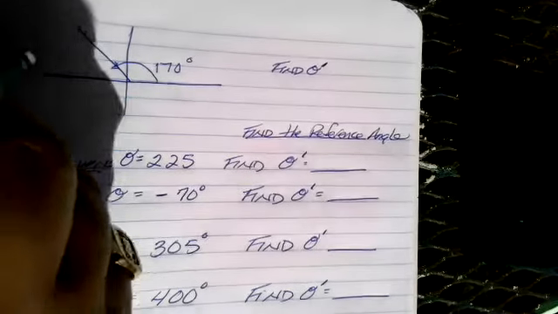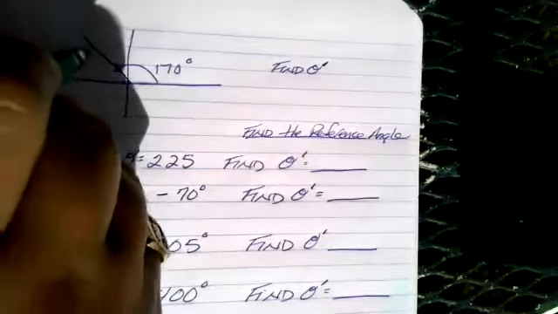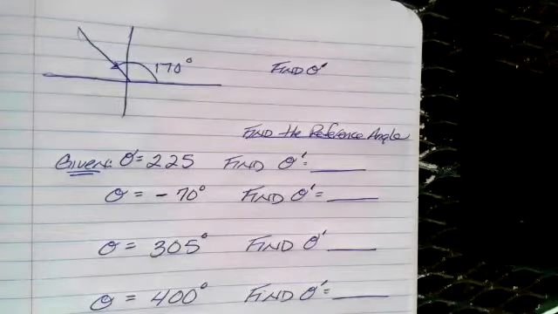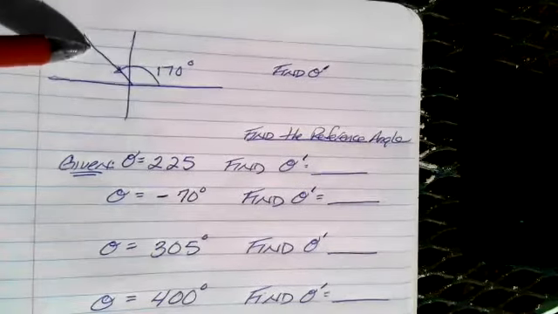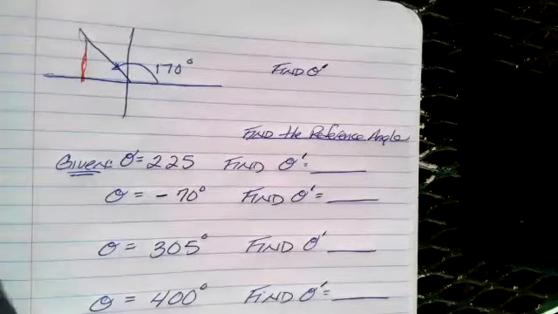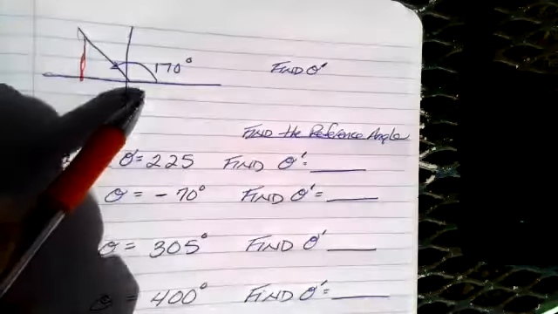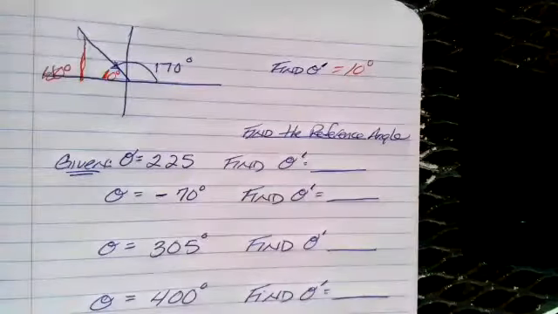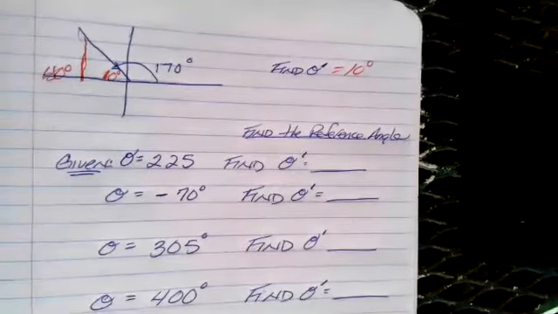So we want to draw a line from our terminal side down to x. If this is 170 and this is 180, then this would have to be 10 degrees.